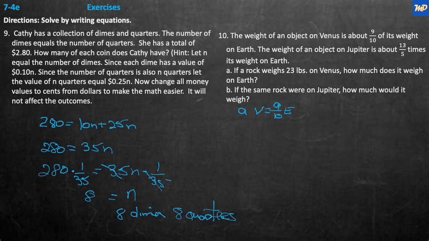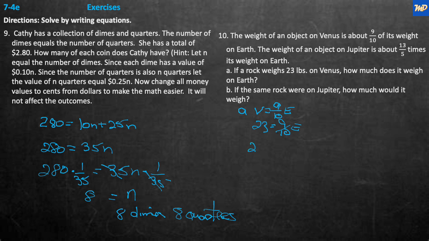Weighs less. And the Venus weight is 23 pounds. 23 pounds is equal to 9/10 of its Earth's weight. So all we have to do now is clear the variable from its coefficient by multiplying by the reciprocal.